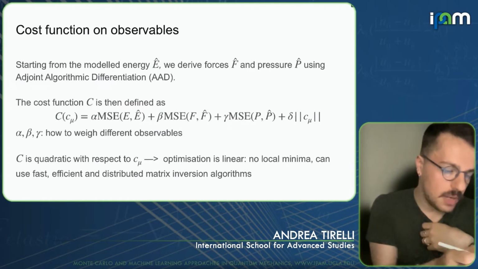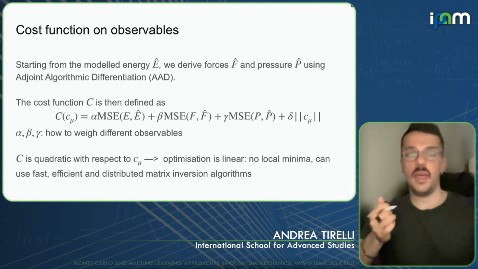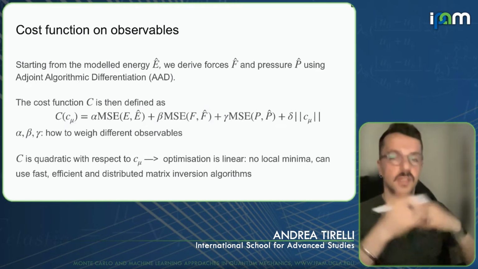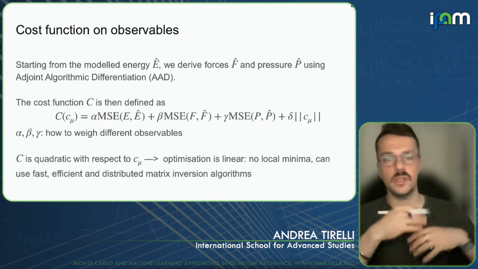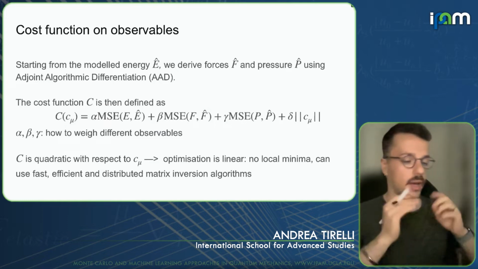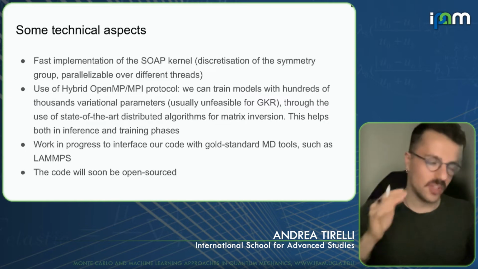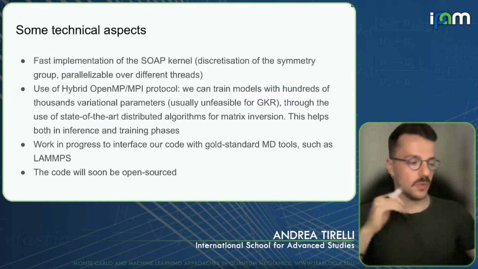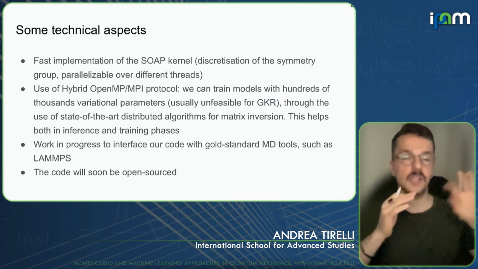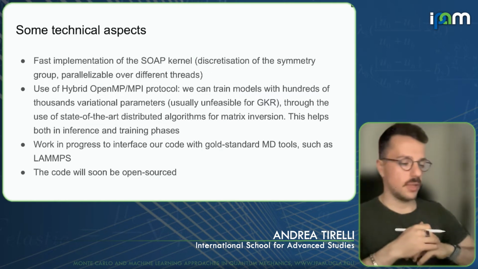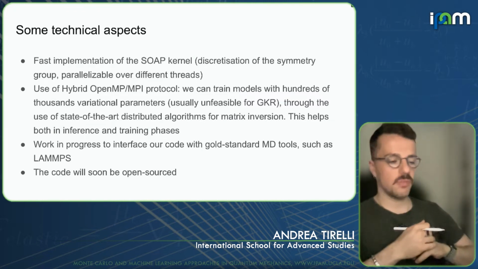The main point is that this function is just a quadratic function of the variational parameters, and if we want to find the minimum of this function, this amounts to solving a linear problem for which we have very efficient and distributed techniques. So, just a few remarks. We believe we have a reasonably fast implementation of this SOAP kernel, especially with this discretization approach, which I have not seen in other kernel regression methods.